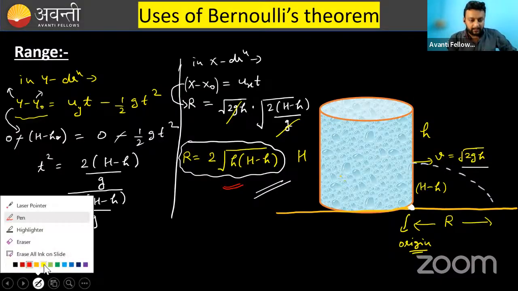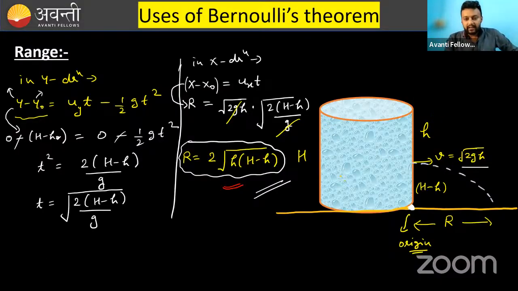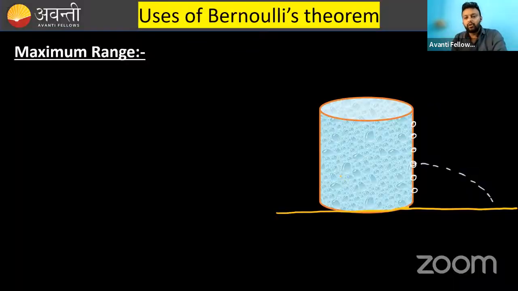Now if I make holes at different parts, the liquid will fall at different places, so the range will be different. So my first question is: at which depth should I make an orifice so that the liquid falls at maximum distance? That's what I'm trying to identify.